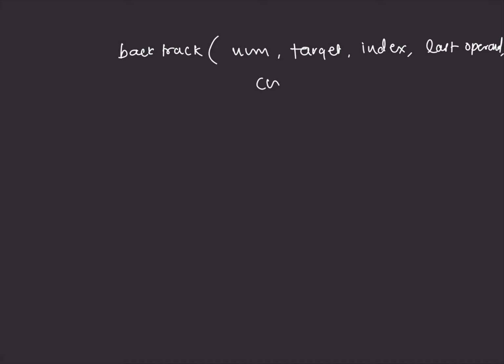Now the program for this. We have a function backtrack, where we will accept num, then target, then current index, then last operand, then current value.